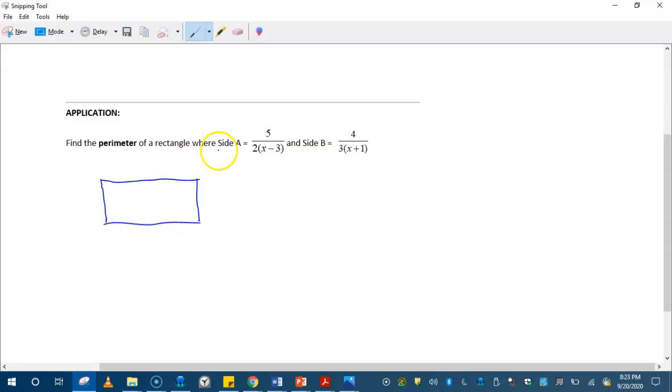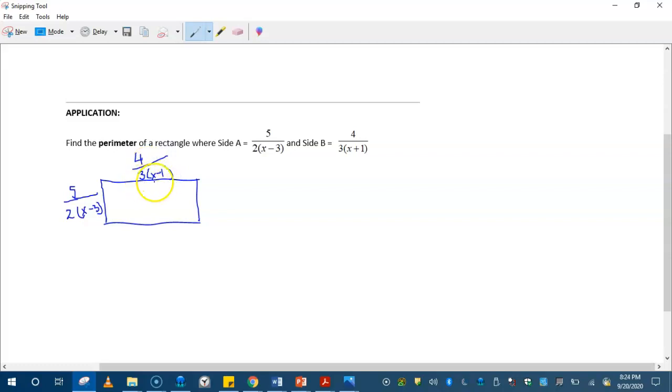So I have side A is 5 over 2 times x minus 3, right? And then I have a side B is a 4 over 3 times x minus 1.